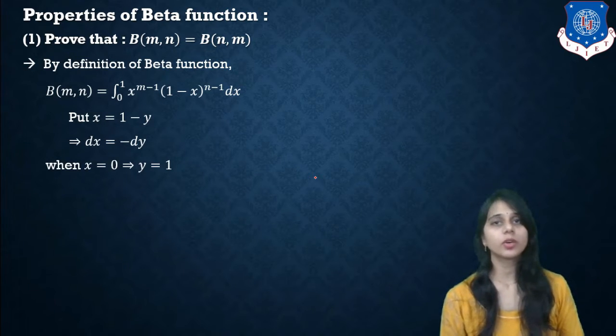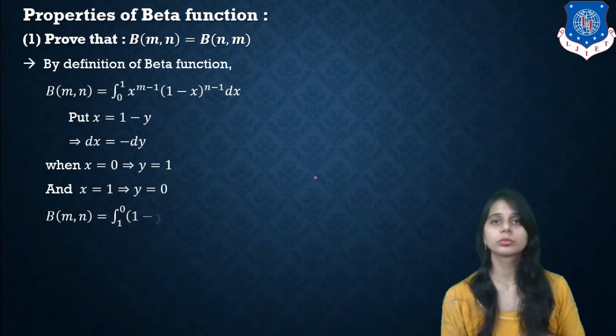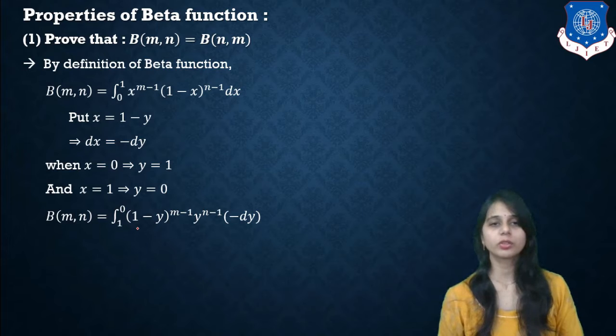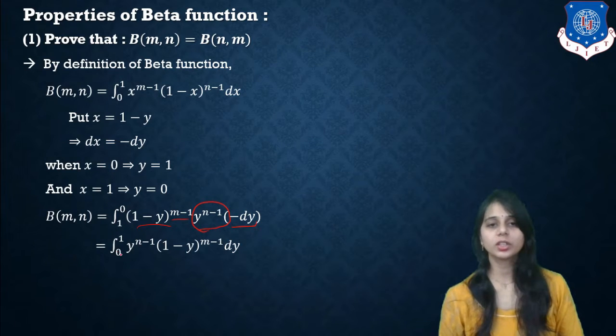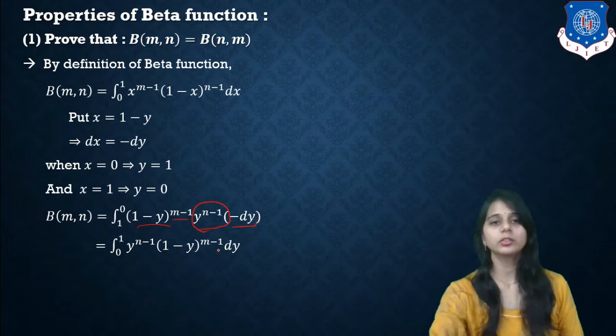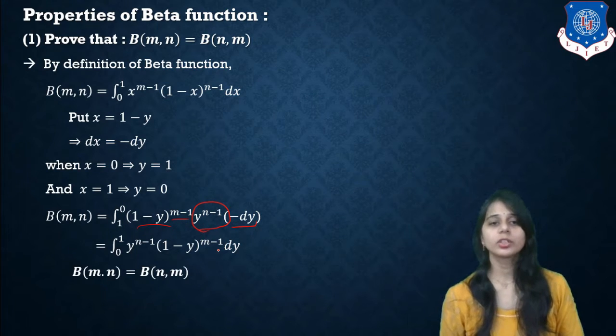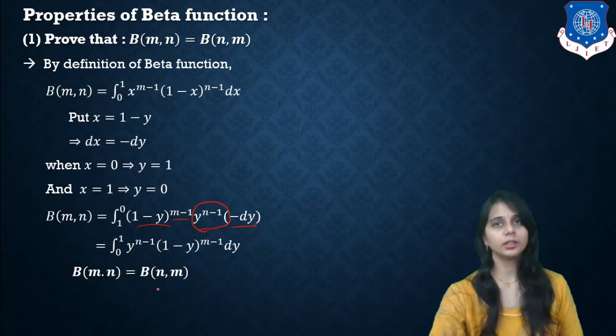When x equals 0, y equals 1, and when x equals 1, y equals 0. We say that beta(m, n) equals the integration from 1 to 0 of (1 minus y) raised to m minus 1 times y raised to n minus 1 times minus dy. So we get the integration from 0 to 1 of y raised to n minus 1 times (1 minus y) raised to m minus 1 dy. So beta(m, n) equals beta(n, m).